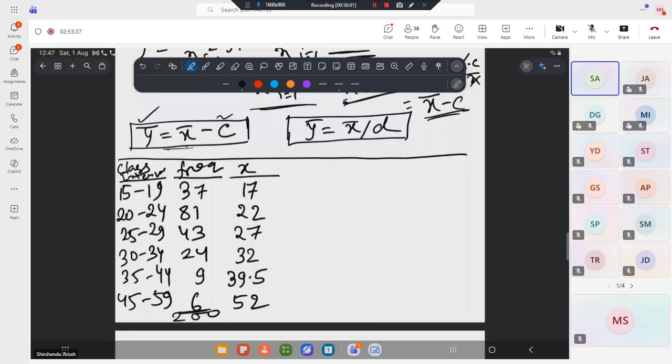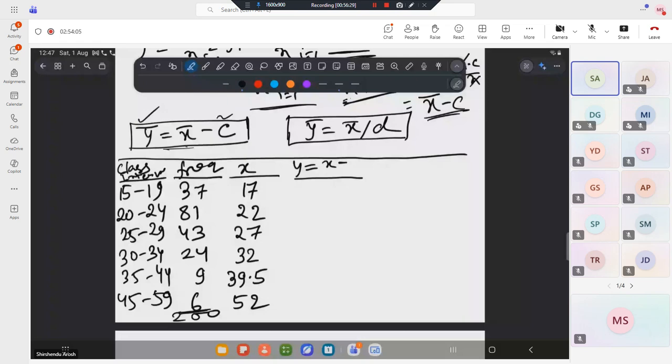How should I do it? I am going to use these two formulas, the change of scale and change of origin. I'm going to club these two. So let's define first x minus. Since it is sequential data, higher to lower to higher, either way, I can do one quite simple thing: choose the median value of these numbers.